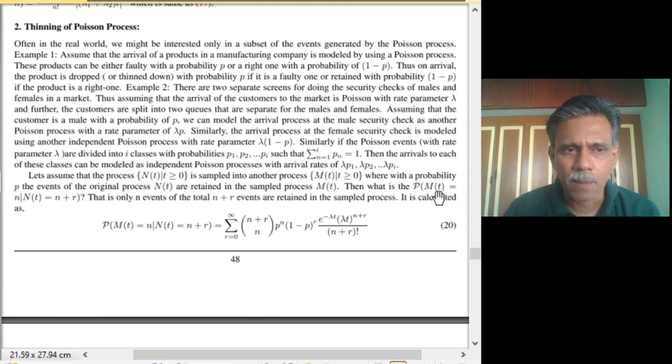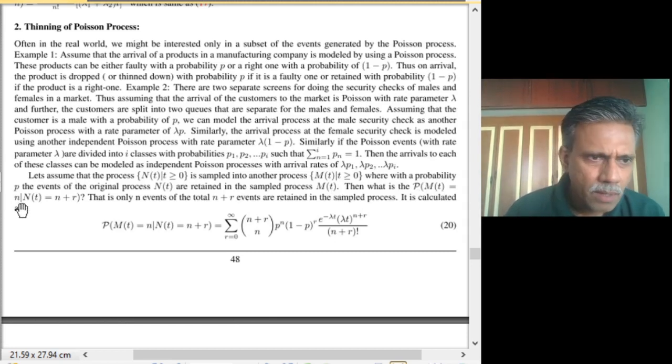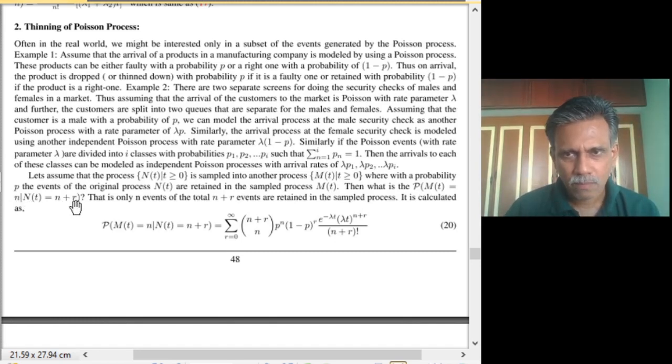Then what is the probability that M(t) equals n, given N(t) is equal to n plus r? Out of the total n plus r events that have occurred in a time 0 to t in the original process, what is the probability that n of them would have been sampled and will belong to M(t)? So totally n plus r events have occurred, out of which we look for n of them being sampled.